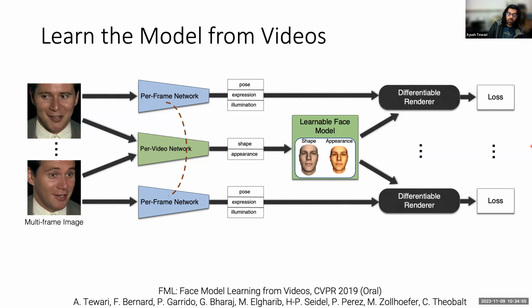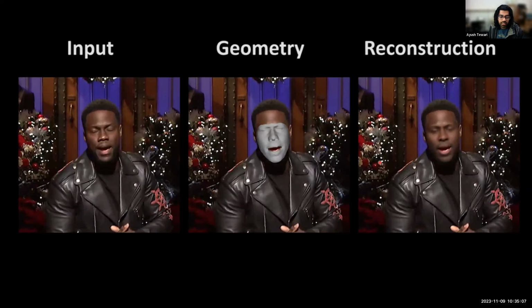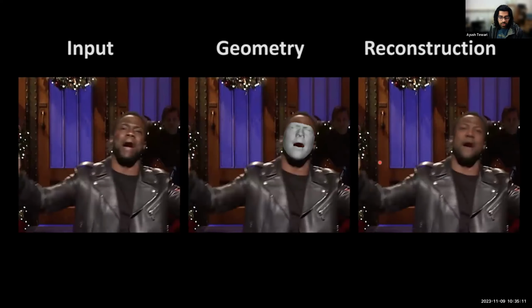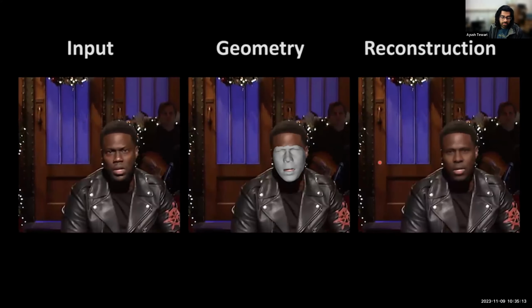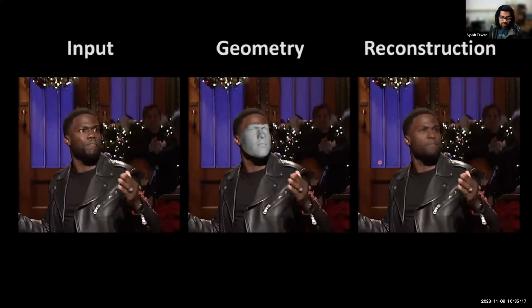Right. So when we use videos, we can now start to learn the generative models on their own using simple backpropagation. And with that, you can get results like these. You can take an input video and get a 3D reconstruction that captures pretty much all the components required to render the full appearance of the face.